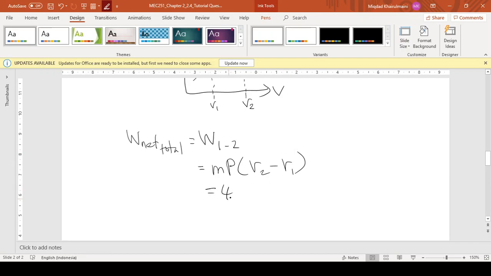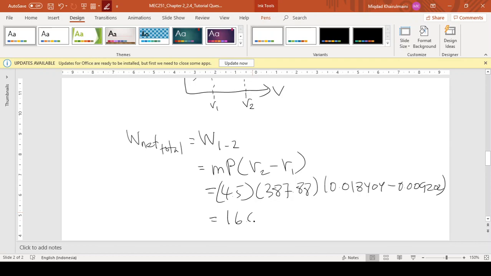So this is 4.5 kg, this is 387.88 kilopascal, this is 0.018404, this is 0.009202. And here we can get the answer 16.06 kilojoules.